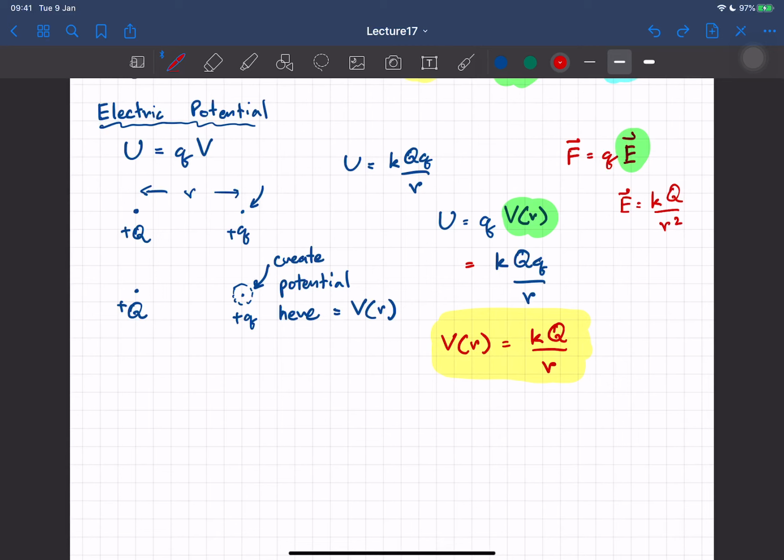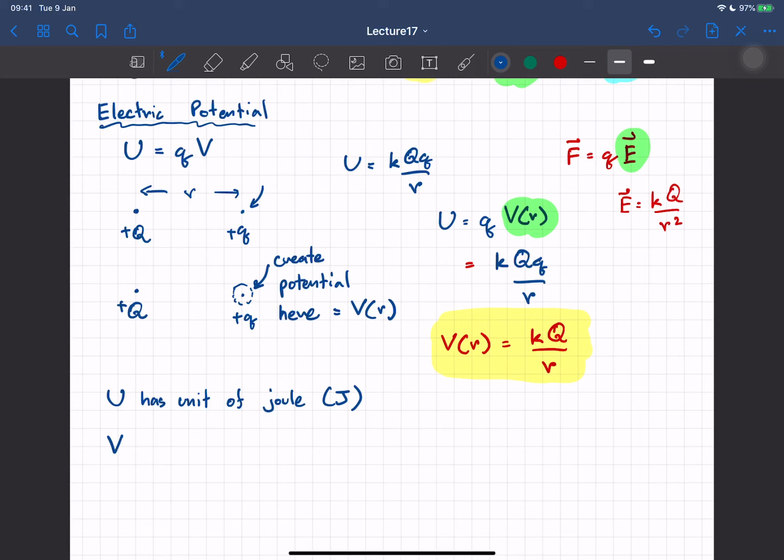Before we go any further, let me comment a little bit about the unit here. U is the electric potential energy, so that means U has the unit of joules, as usual, because energy is joules.